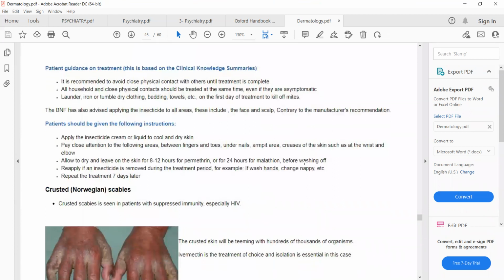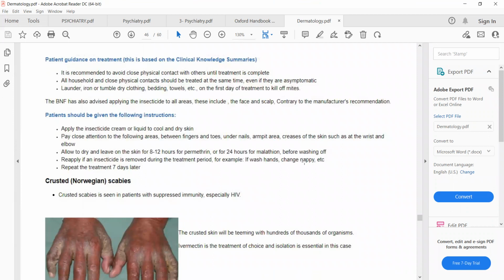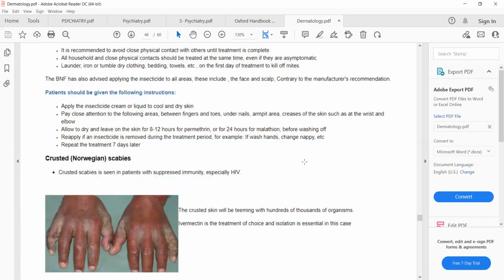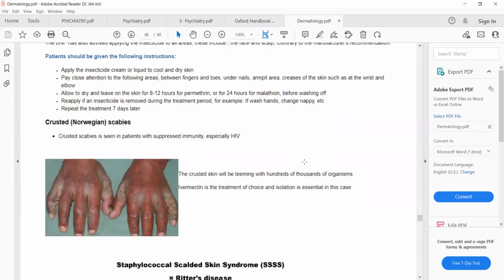Now, there's a type of scabies that is known as crusted or Norwegian scabies. Crusted or Norwegian scabies is usually common in patients with suppressed immunity, especially HIV.